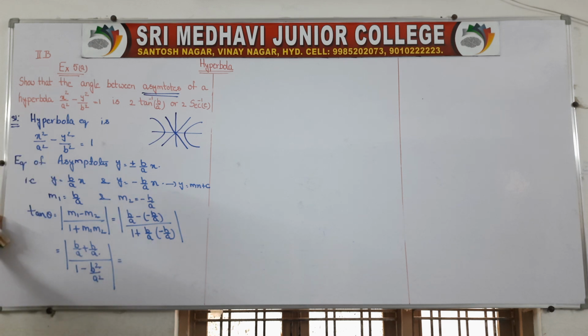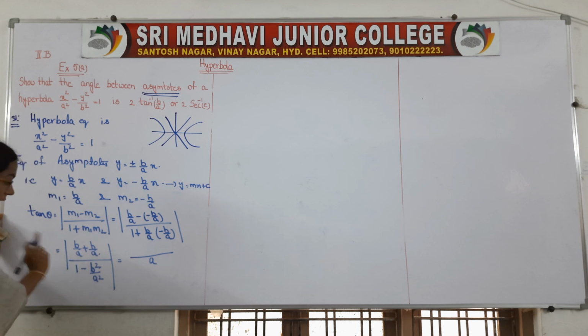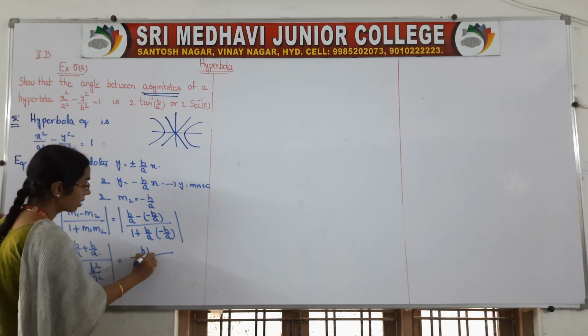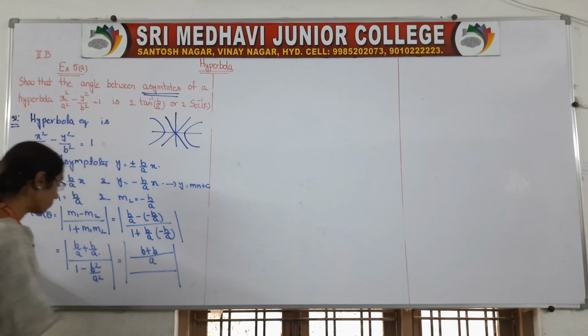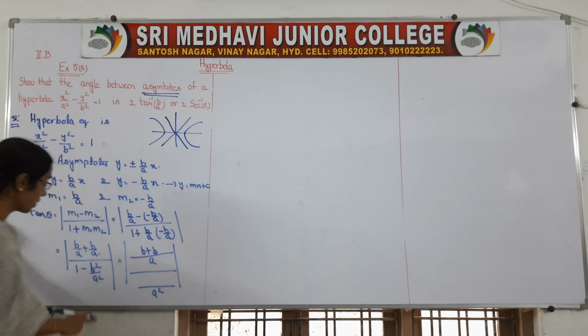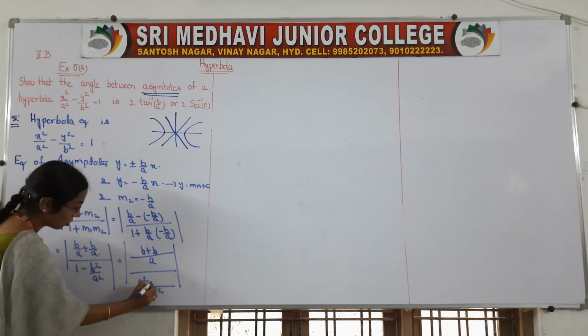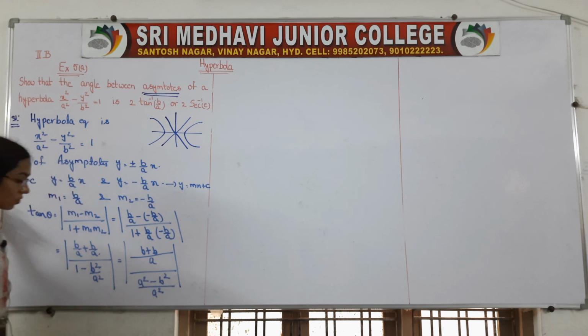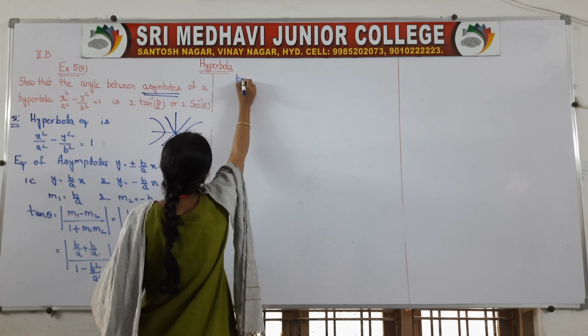Taking the LCM, it is a, and b plus b. Divided by, downwards if we take the LCM it is a square. Here 1 by a square is not there, so we have to multiply 1 with a square, minus b square.